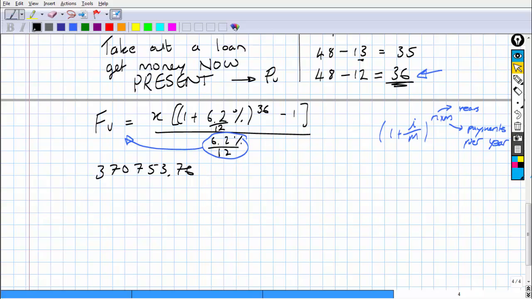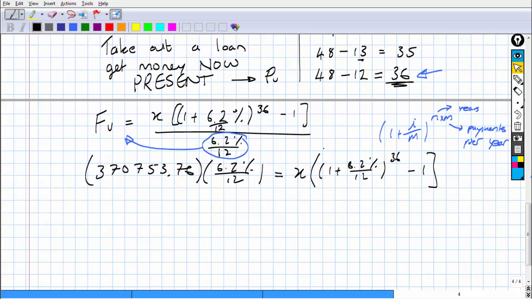So we have that multiplied by 6.2% divided by 12, and we multiply it because we need to multiply both sides by 6.2 over 12 to get rid of it, and that's equal to X times this whole monstrosity, 1 plus 6.2% over 12, to the power of 36, minus 1. And the good thing is you can actually plug that into your calculator and get a number. It's just one big number.